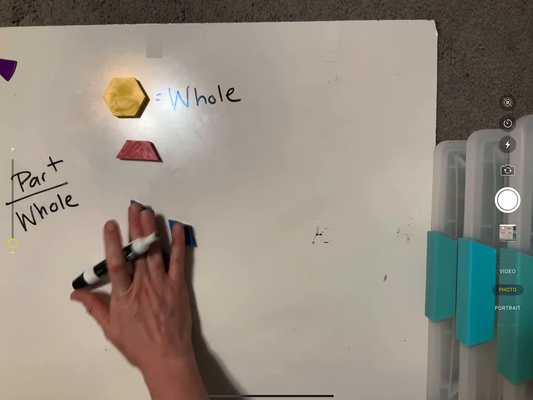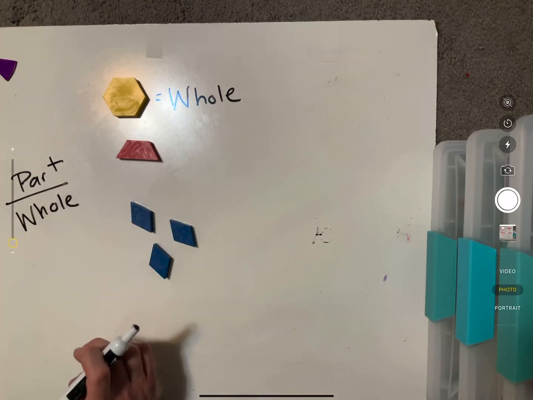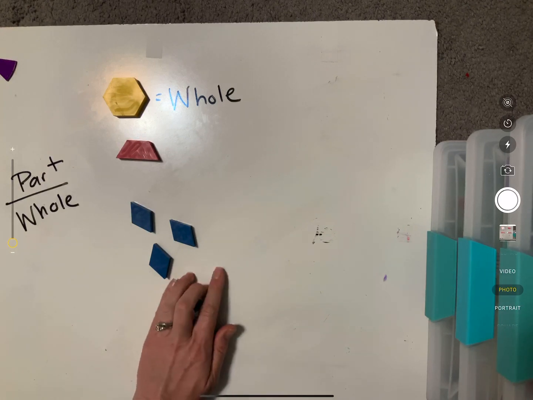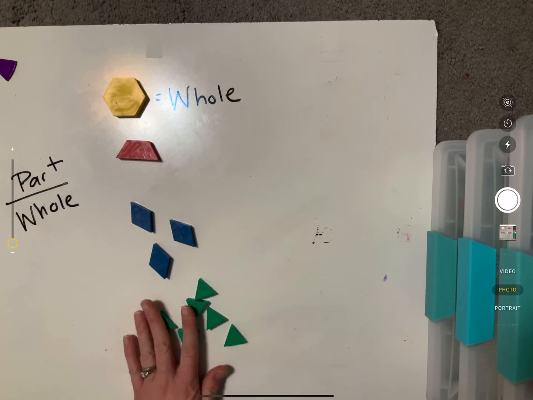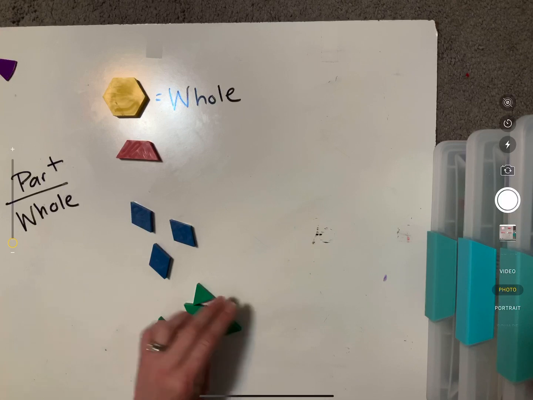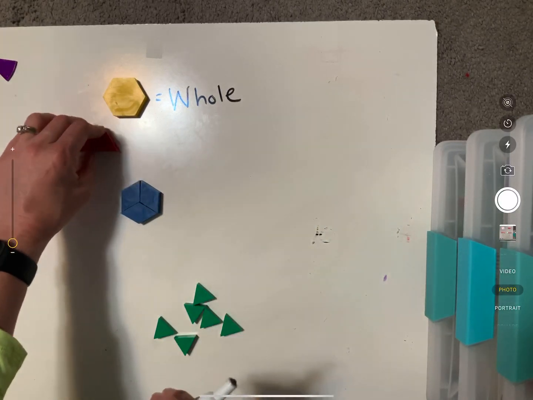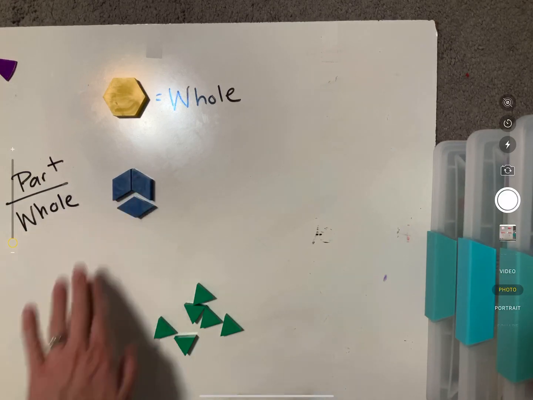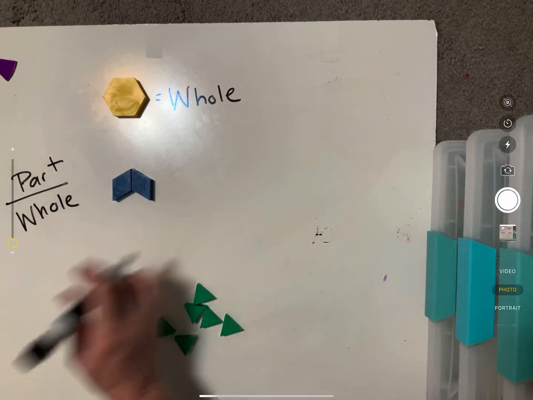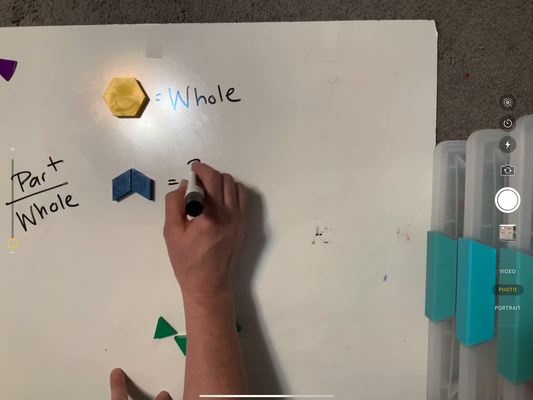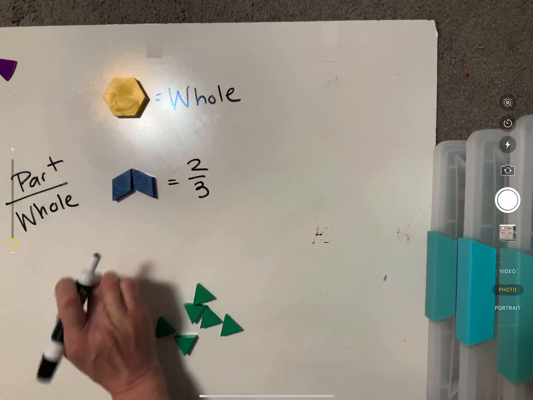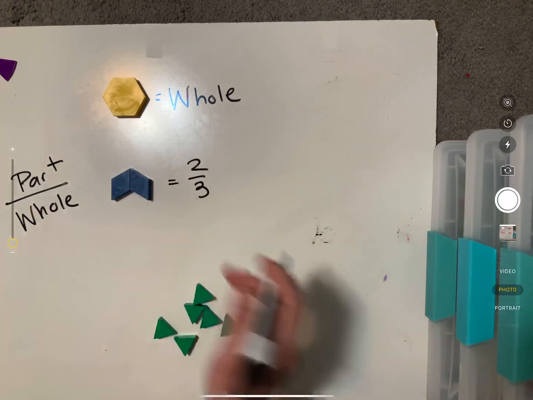We're going to use our rhombuses, and we're going to use our triangles with this, because now, instead of doing halves, we're actually going to do thirds. To make our whole here, we have these rhombuses, and it's going to take 3 of them to make a whole. So we're going to talk about 2 of them. So this is going to equal 2 thirds because there are 2 of the 3 that we're representing here.